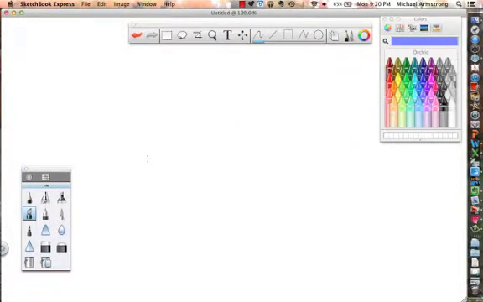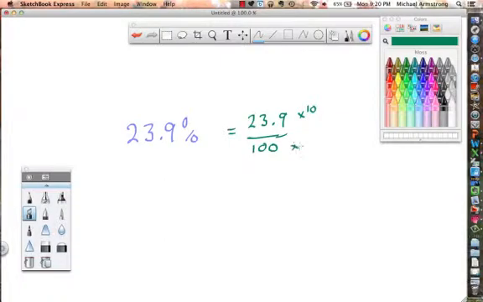So you're writing percents as fractions in simplest form. For instance, here's a hard one, 23.9%. How do I write that as a fraction? Well, we have to do what I just showed you, but we're going to do it in reverse. This means 23.9 over 100. And since I don't like this pesky decimal, I'm going to multiply by 10.